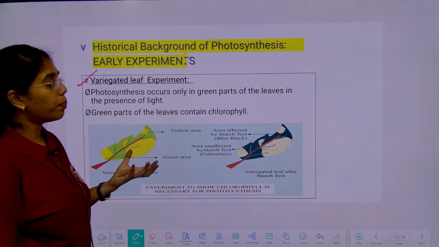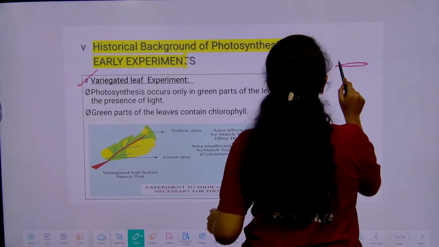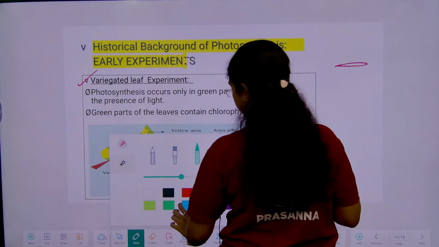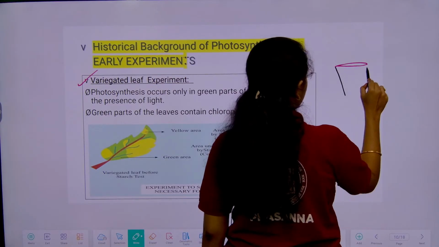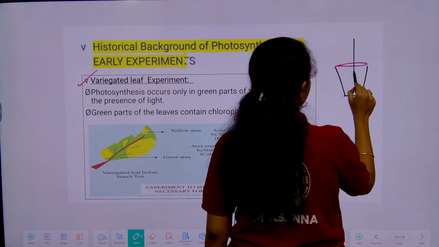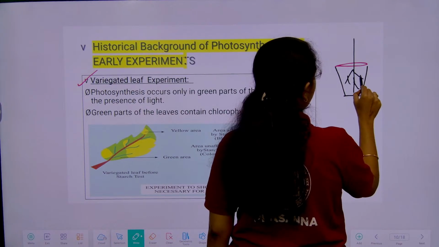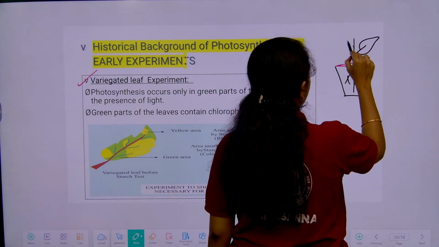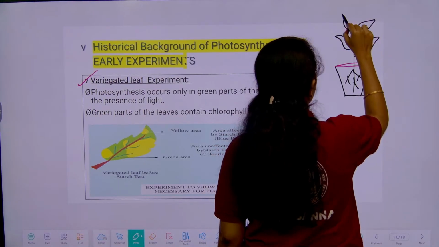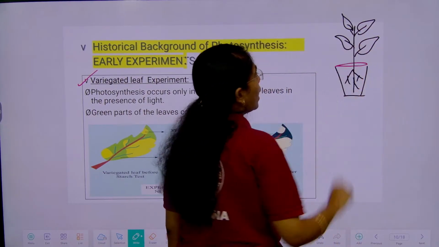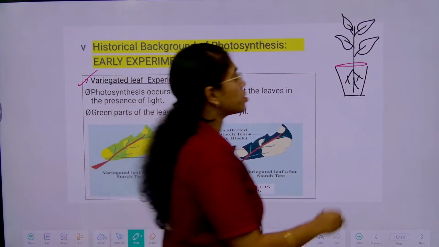Take a potted plant, place it in dark for 3 days.